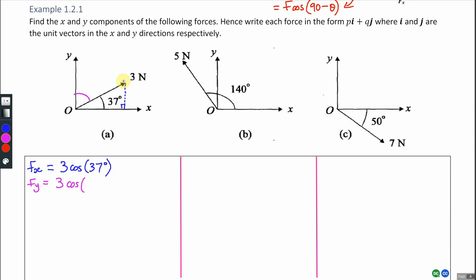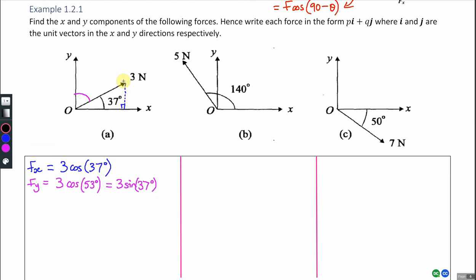So this is 53 degrees. So that would be correct, 3 cos 53 degrees, which is the same as 3 sine 37 degrees. So either of those two answers here would be correct. They're both correct, in other words.